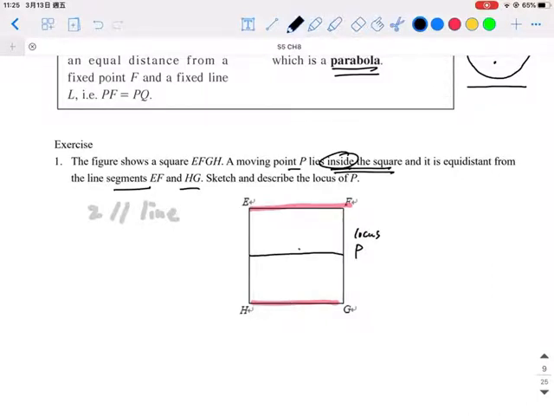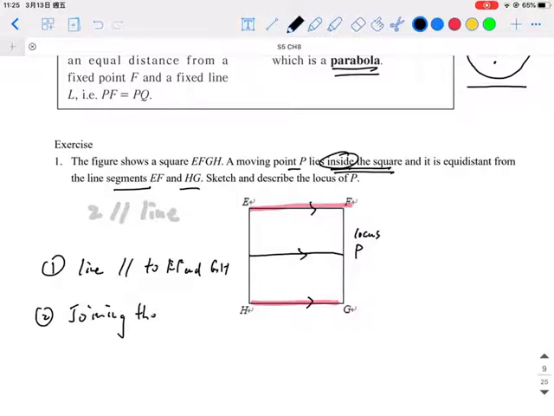And how can I describe it? The first is a line parallel to EF and GH, and the second is joining the midpoints of EH and FG. So we finished the first one.